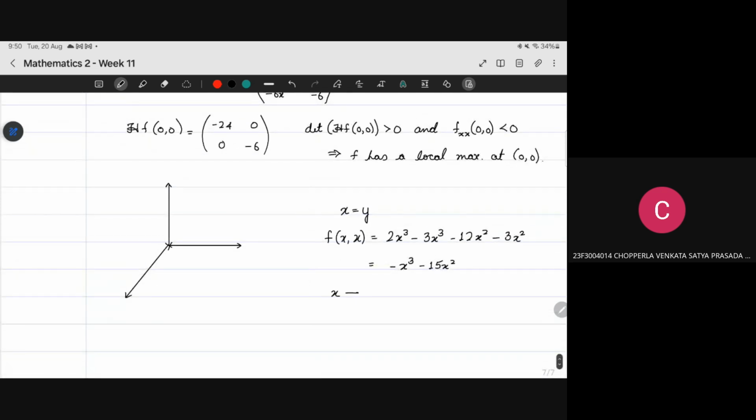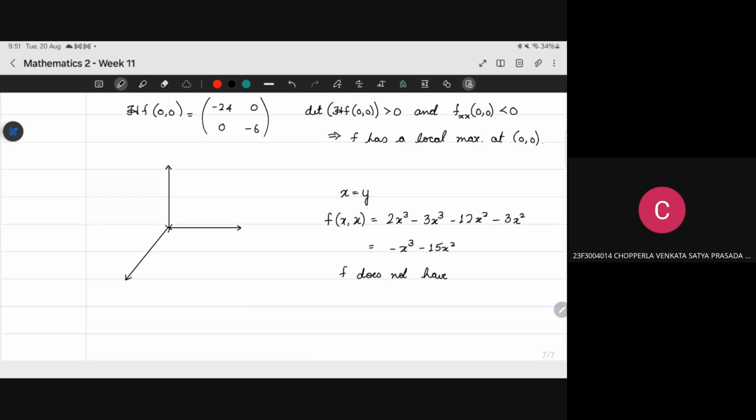Now, as x approaches infinity, or if I take larger and larger x, I get smaller and smaller f of x comma x. So along this line itself, I don't have a minimum. It can go lower than any number that you want, right? So f does not have a global minimum. So this is a complete argument.